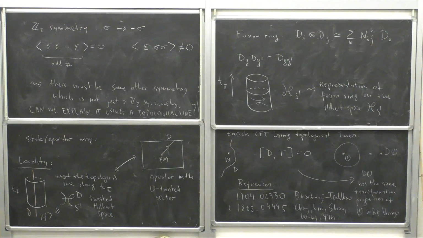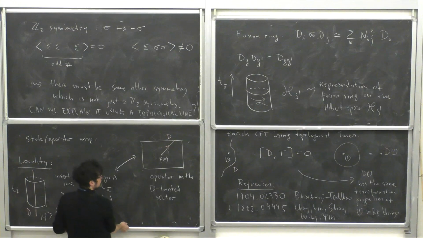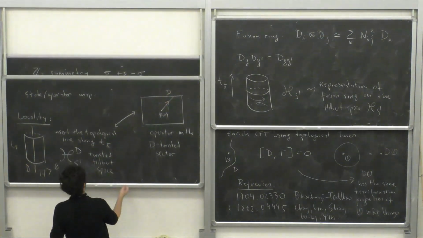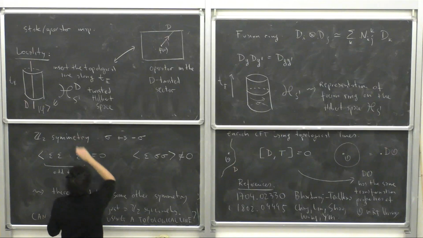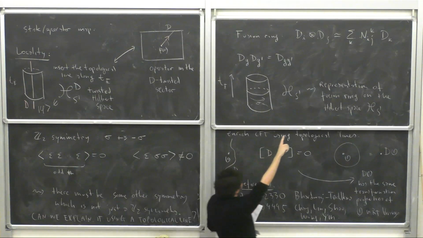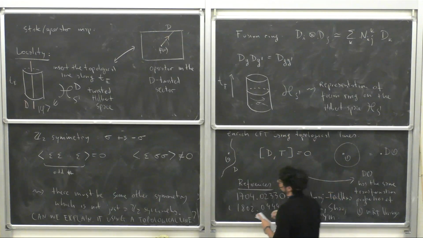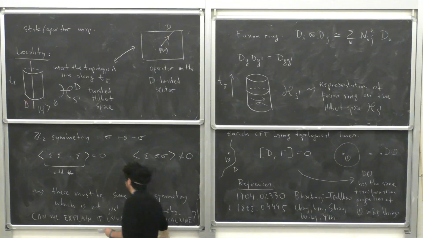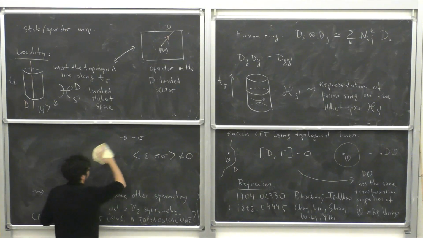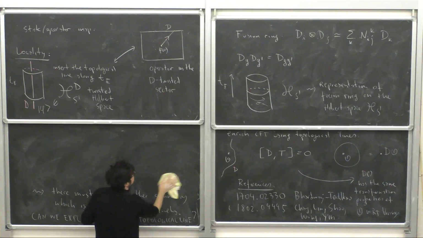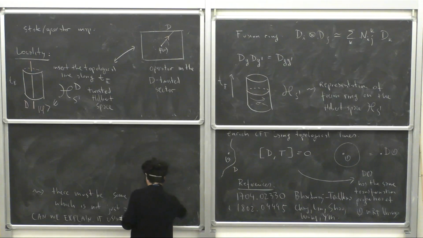Now you see immediately that if we have this picture, and that picture of the fusion, the fact that they are compatible gives us a constraint on the coefficients in the fusion ring.